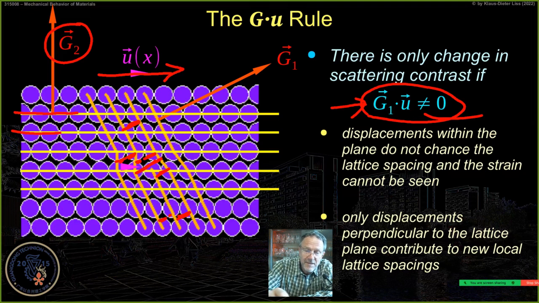For these yellow planes the vertical spacing is everywhere the same, so I do not see a change of spacing and therefore I don't get contrast. So I only see displacements perpendicular to the lattice planes, which contribute to new local lattice spacings, and that gives me a contrast. It adds or removes intensity depending on the situation I'm looking at.